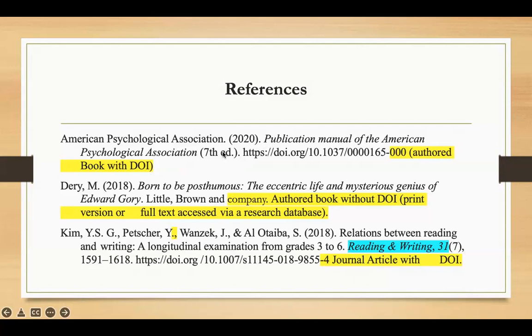But if you had a capital ED following maybe somebody's name, then it will show there are editors. Capital E refers to editor, coming immediately after the author. It shows that the author or those authors are editors of that article.